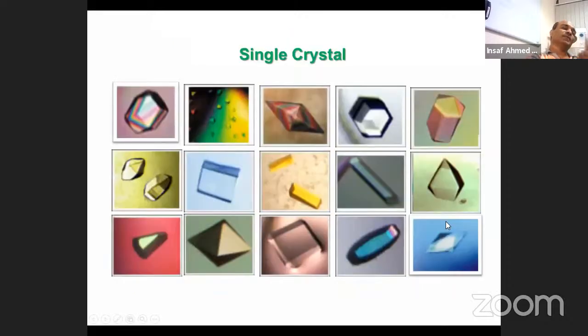If you see, both are similar methods. They are identical. Only their mode of setting the drop is different. In this you are hanging, in this you have kept it on a stand. When you perform a crystallization, you will get this type of crystals. These are considered very good crystals, and I hope all of you have seen this type of crystals sometimes in books and elsewhere.